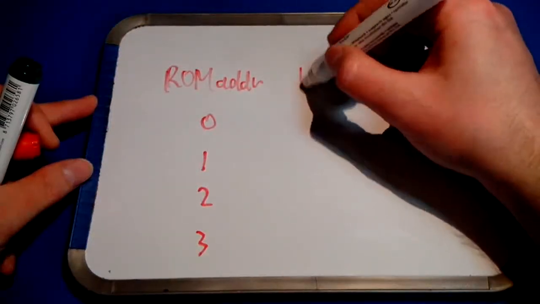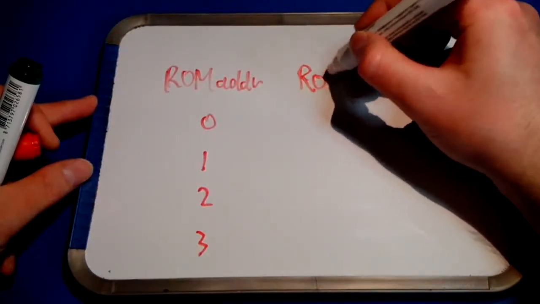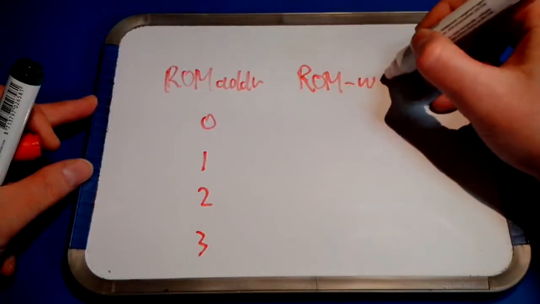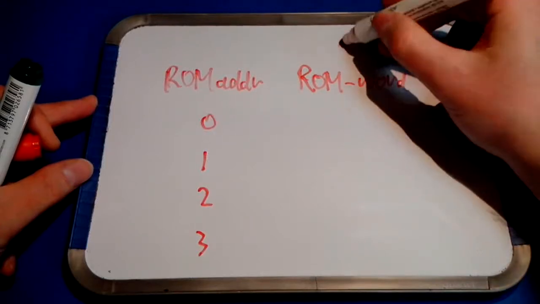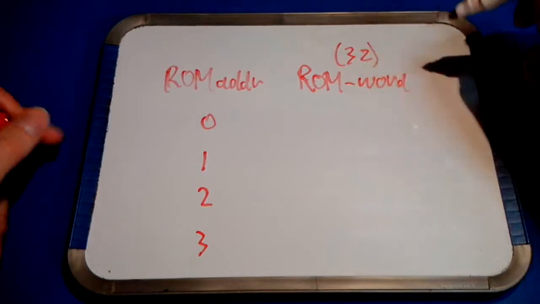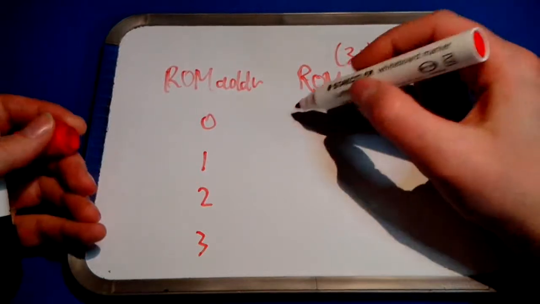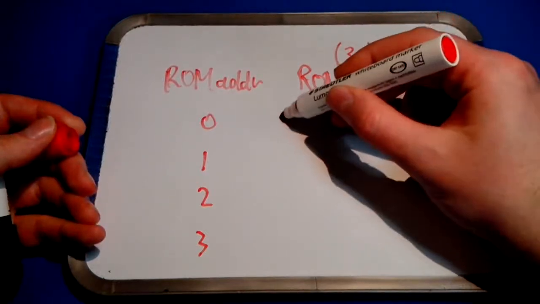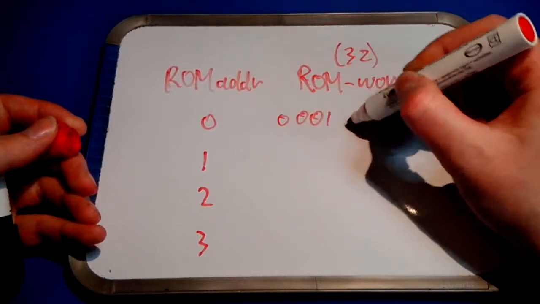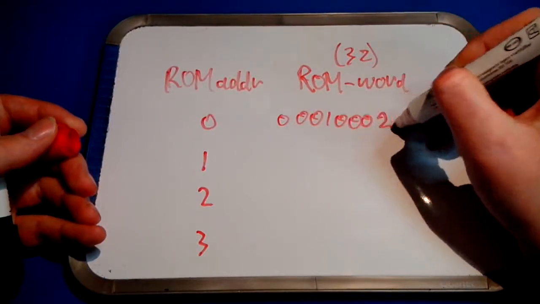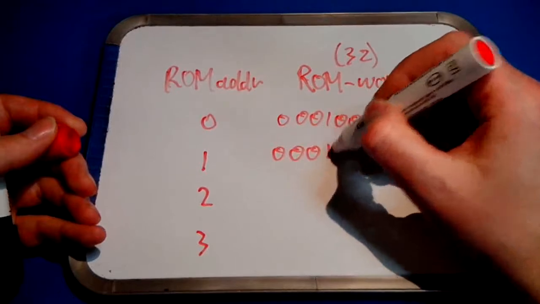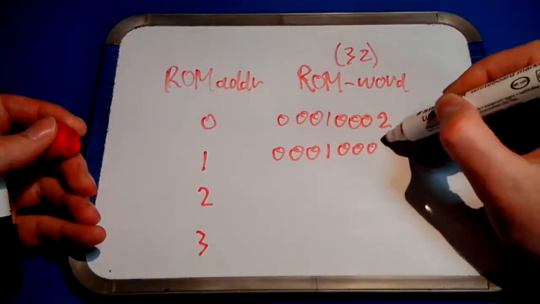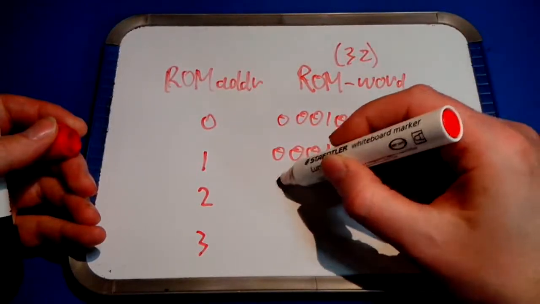And let's have another column containing the ROM word at each location. These are 32-bit hex values. These are all hex 32-bit numbers.